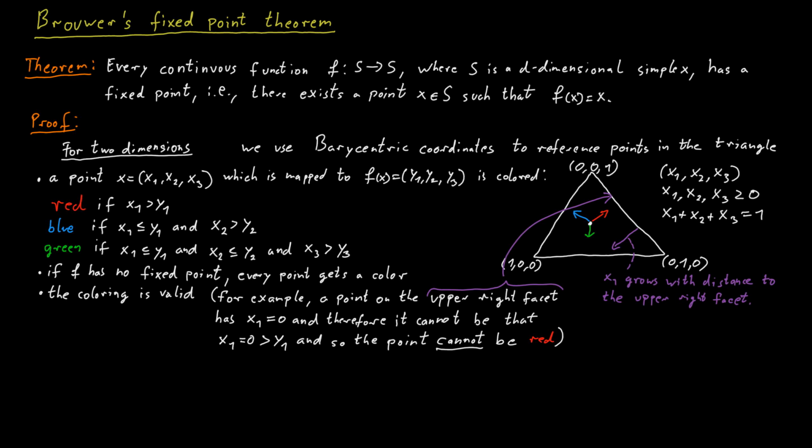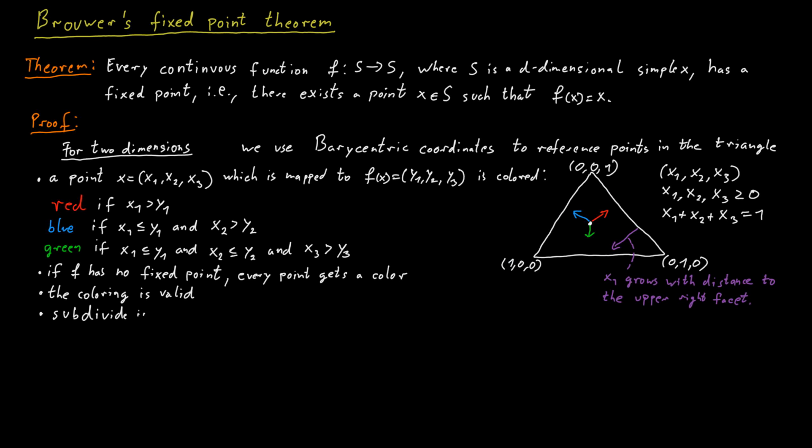Okay, so now we have this big triangle, this two-dimensional simplex, and we can subdivide it into smaller and smaller triangles. So again, we create a sequence of finer and finer subdivisions. And we do this in such a way that the diameter of those small triangles, as we go along the sequence, goes to 0.